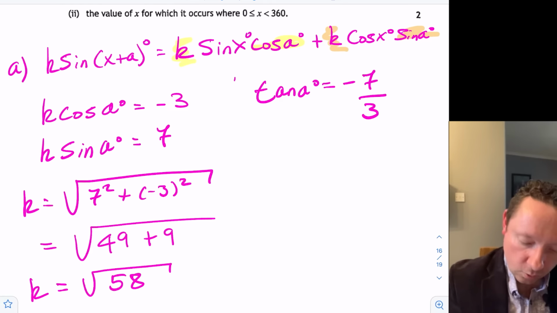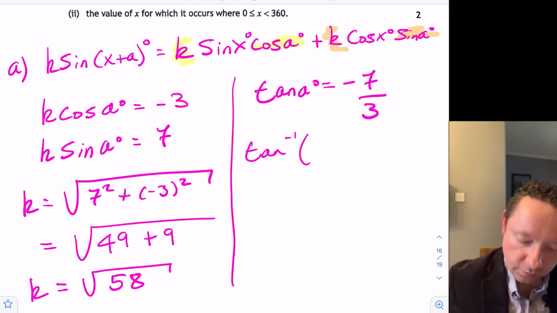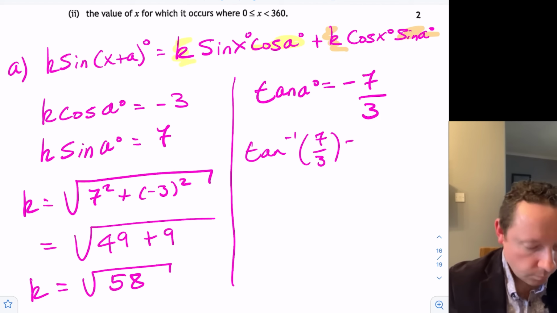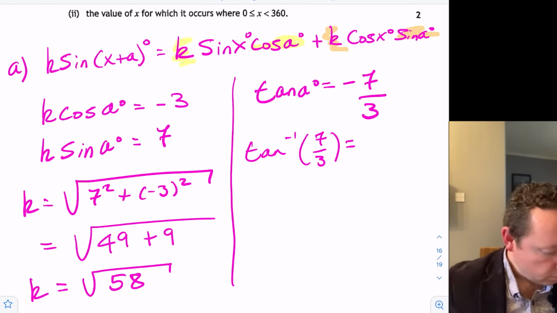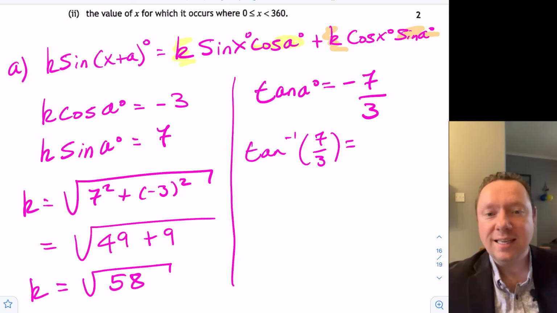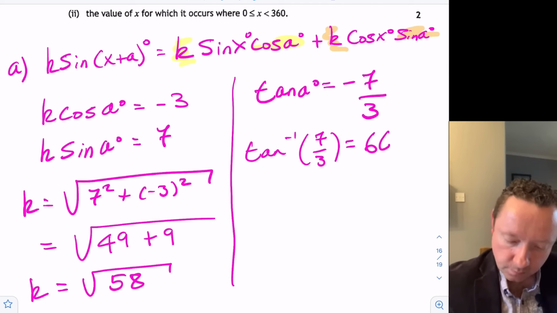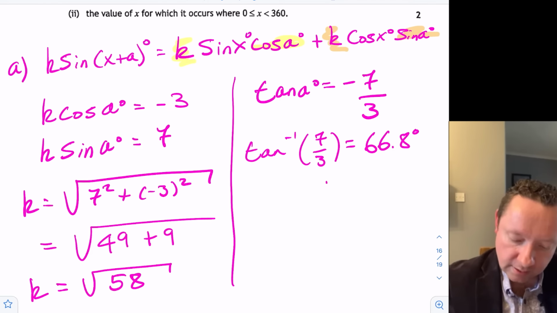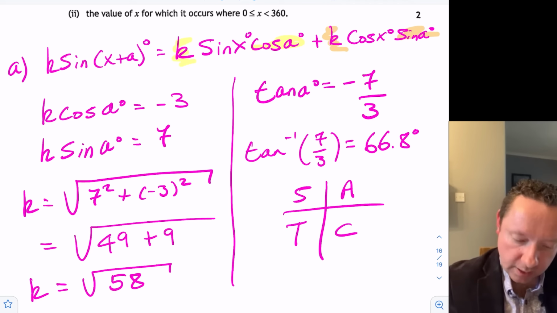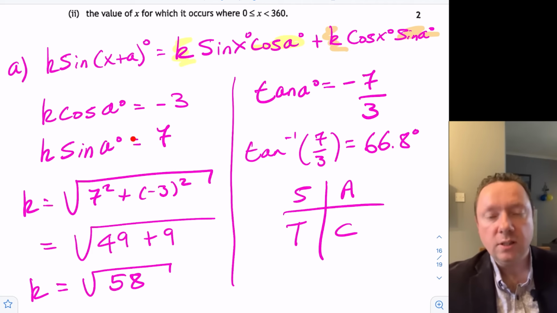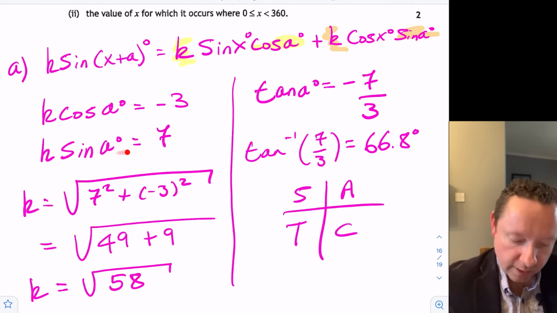So I can now work on a. The inverse tan of 7 over 3 is 66.8 degrees. So cast diagram, but it's not the cast on tan, remember, it's the cast on cos and sine, because that's what you started with. So looking at sine first, that's positive.